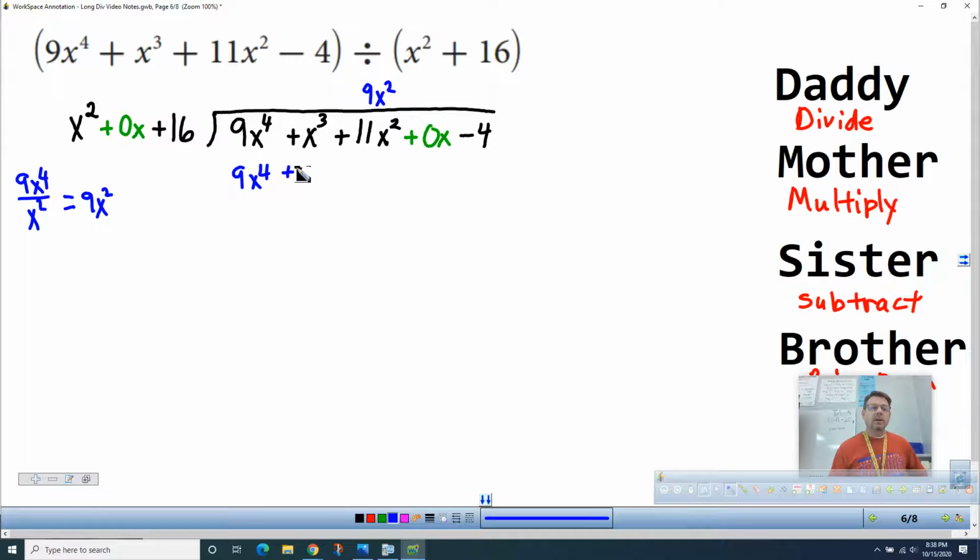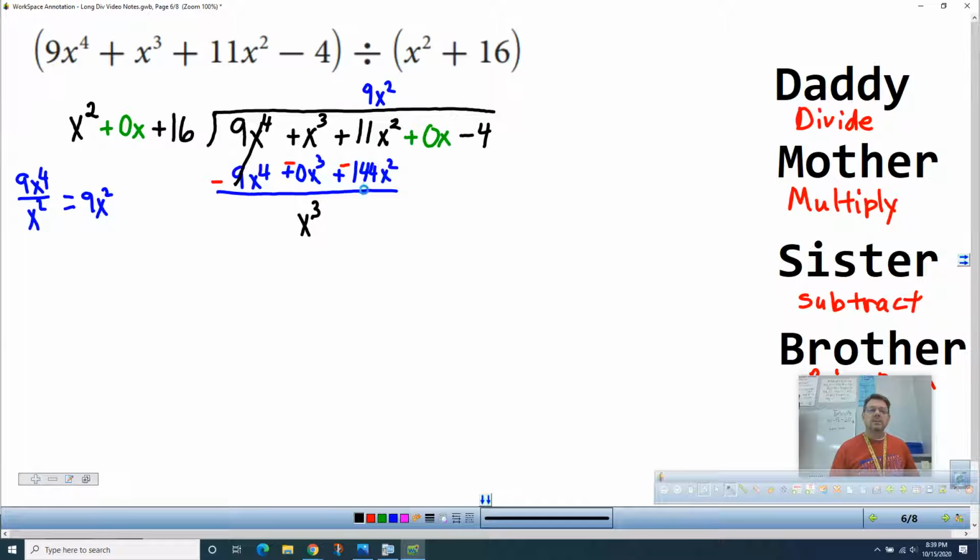So that's going to give me a 0x to the 3. And then 16 times 9x squared. So 16 times 9. So I'm going to be lazy here. 16 times 9, 144. So that's going to be 144x squared. So that's mother multiply. And now we're ready for sister subtract, which goes through and changes all my signs. And then let's make this thing happen. So this is going to cancel. That's just going to be, say, x to the third.